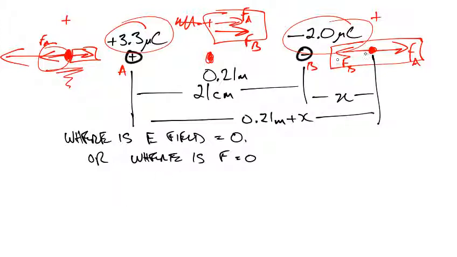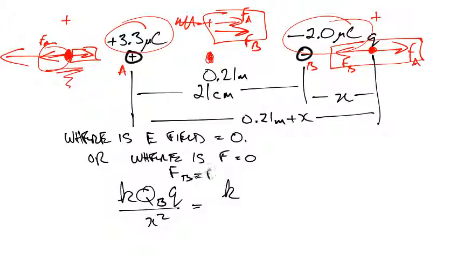Now, at this location, since those two forces are equal, we could simply use kQB times Q, which is this charge here, divided by x squared is going to equal k, because all I'm saying here is FB equals FA. So now I've written out what FB is.